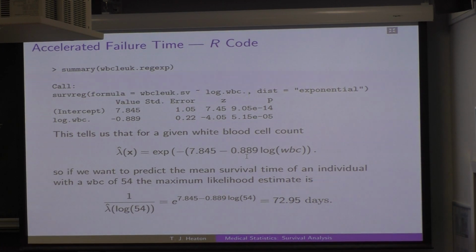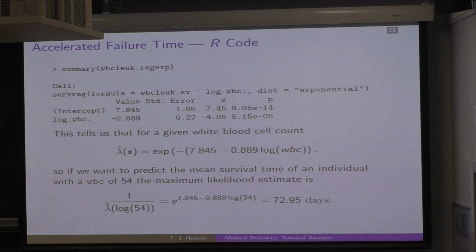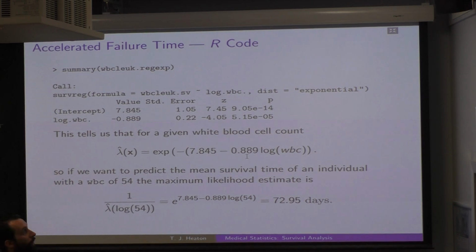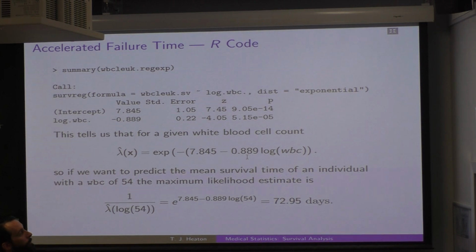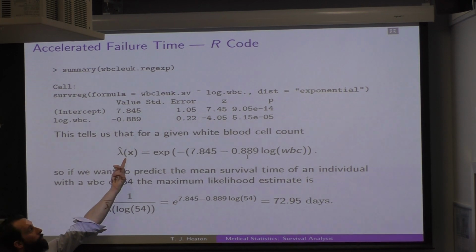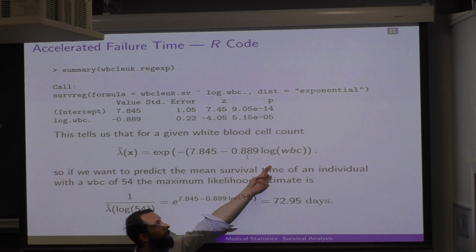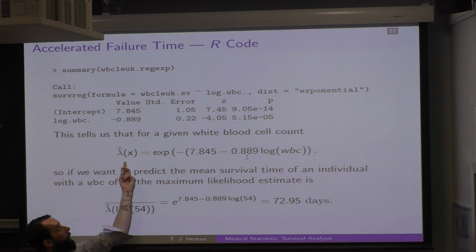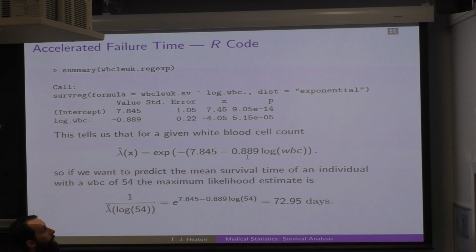So that tells me how I could model the survival time for any individual when they come in with a white blood cell count. If I want to work out their expected survival time, that's just 1 over that individual's rate. So I'd plug their white blood cell count in here, work out their lambda, and work out 1 over it.